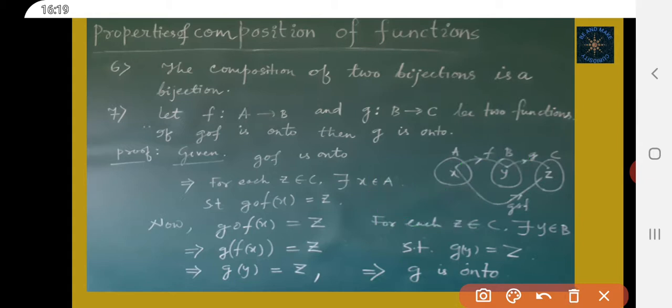And here you see g of y is equal to z. That means for each z belongs to C, there exists y belongs to B such that g of y equal to z, that is z.